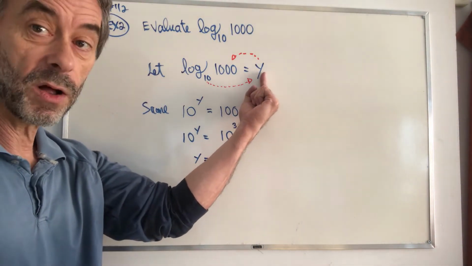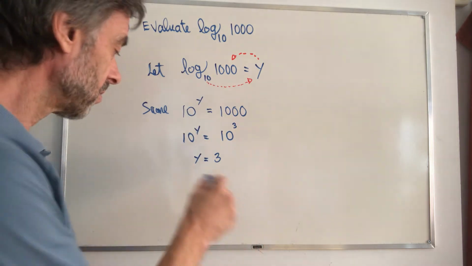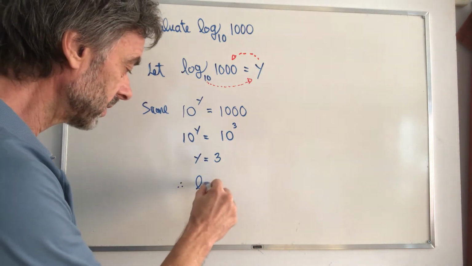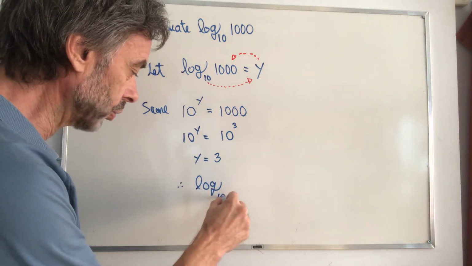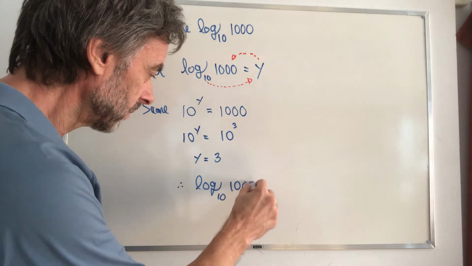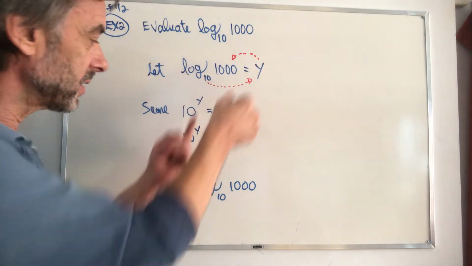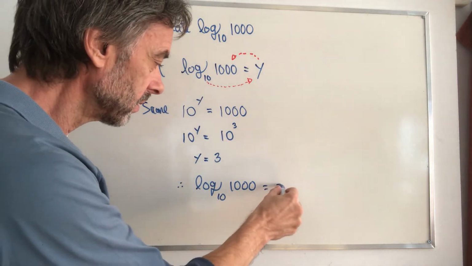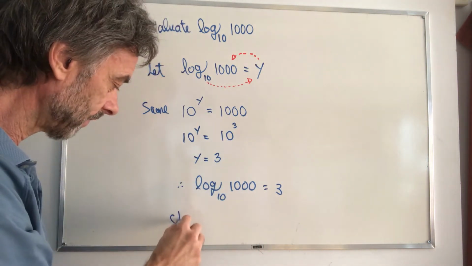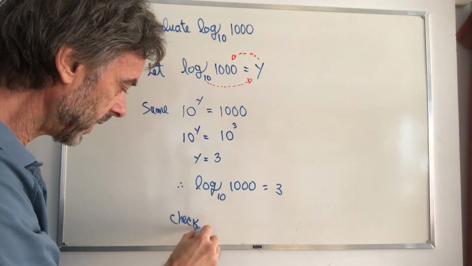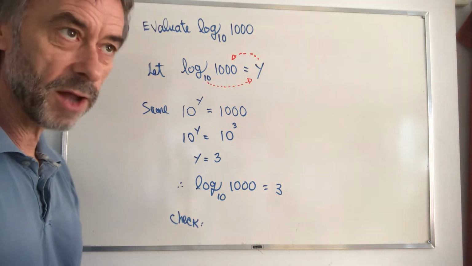Y was what we call the original dude. So, conclusion, the original dude, or dudette, don't know. The original dude is equal to 3. Quick check. Well, how do I check?